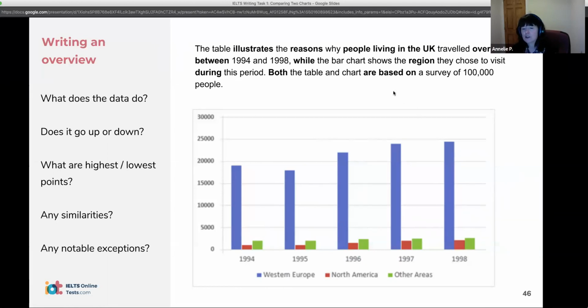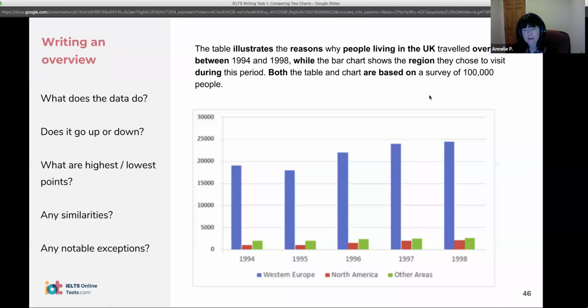What about the other two, North America and other areas? Is there a progression there between 1994 and 1998? Yeah, they're very similar. North America and the others, there's a very slight increase, but really the figures are very, very similar from 1994 to 1998.